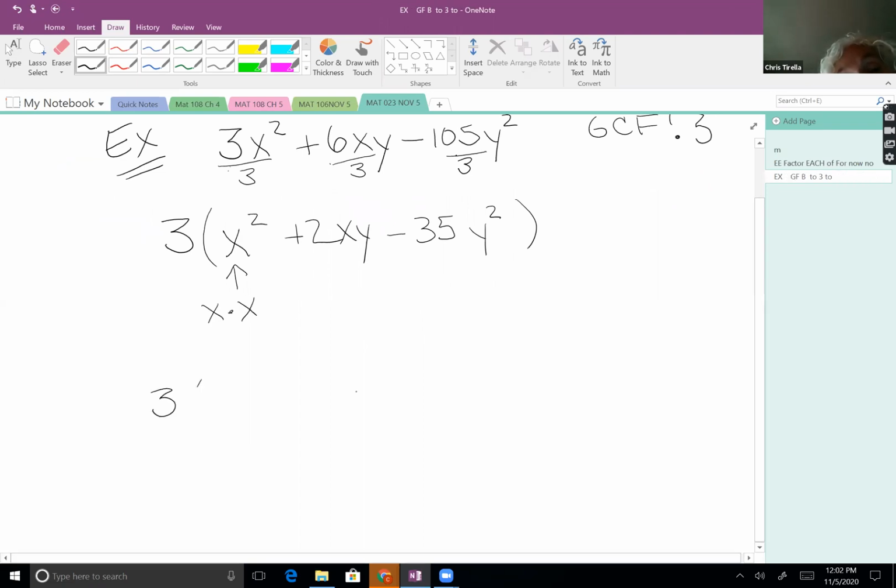Don't want to lose that 3. Because this is negative, that tells me I'm going to have different signs. One's going to be a plus and one's going to be a minus.